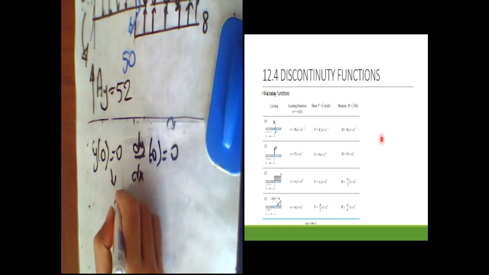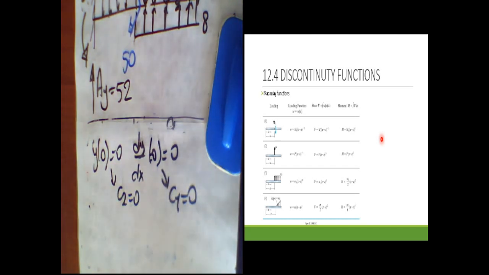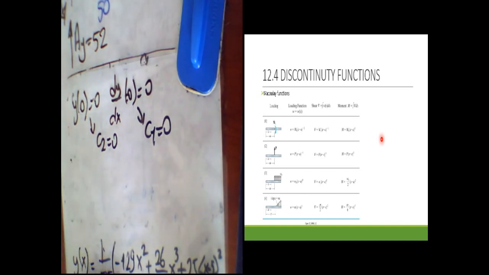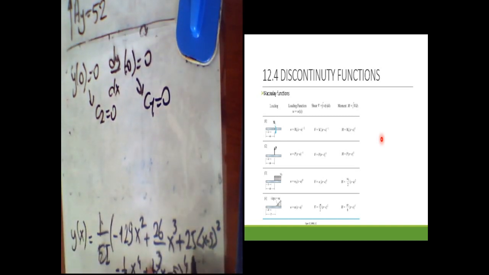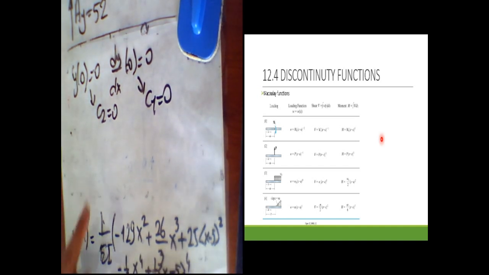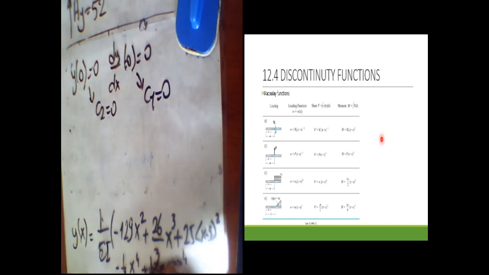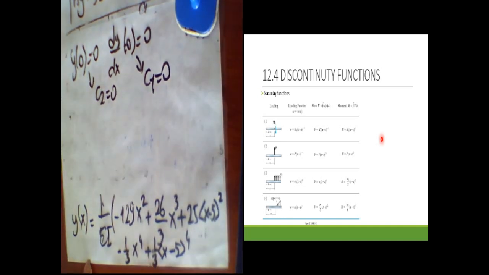From here we obtain C2 is equal to 0. From here C1 is equal to 0. I'm sorry, here I forgot to write the C1 and C2 coefficients. Also I don't need to write them, because I obtained that these terms are equal to 0. In general the formulation of the functions becomes this.